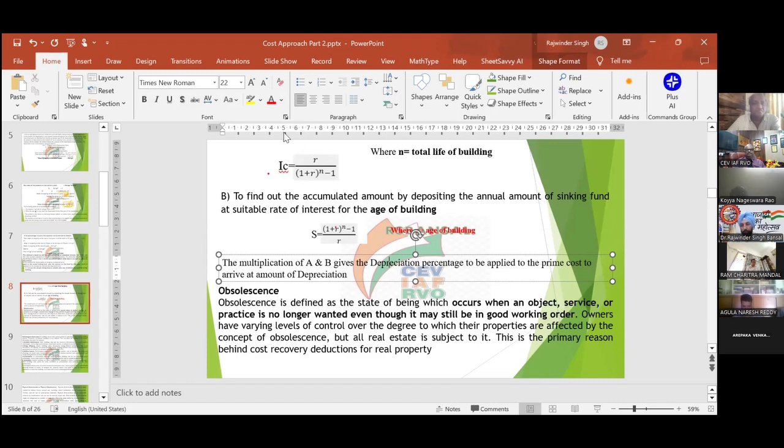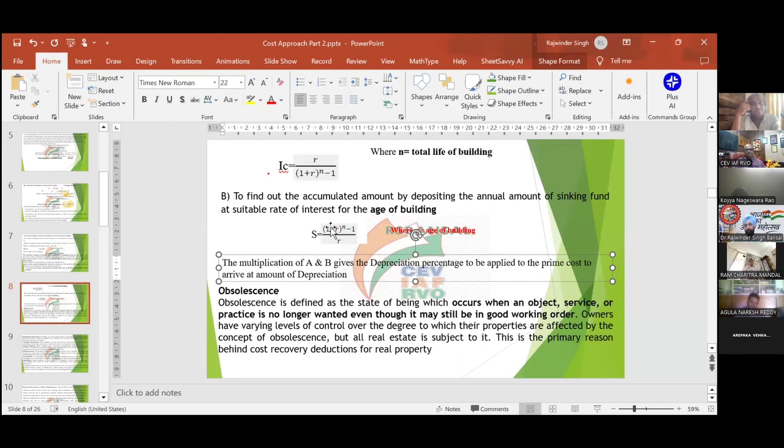So that is why you have to take different value of R in both. In the case of IC, you will be taking remunerative rate, which is generally less, 3 to 5%. And in S, you will be taking remunerative rate, which is higher, more than 6%. If you take the same percentage in both cases, then the calculation will come the same every time, because both are opposite to each other. See, it is clear that R will not be same in both the cases.